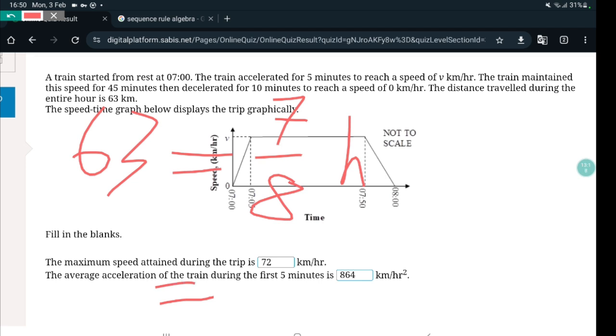Now you either multiply by the reciprocal or divide by 7 over 8, it's all the same. You're going to get h is equal to 72, and h is the maximum speed.